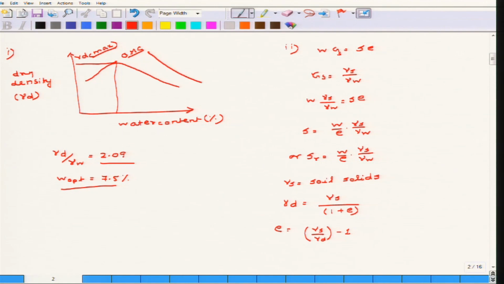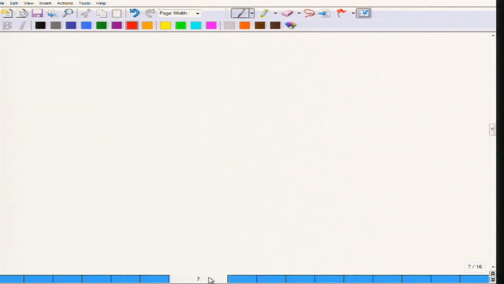These curves may represent 100% saturation, 90% saturation, or 80% saturation as well. The 100% saturation line is often called the zero air void line. The zero air void line can theoretically never intersect with the compaction curve. So, the zero air void line corresponds to the line of 100% saturation.